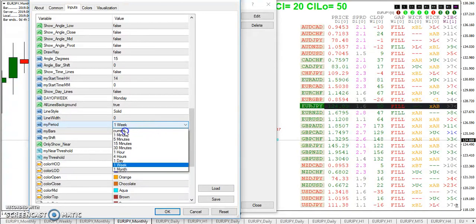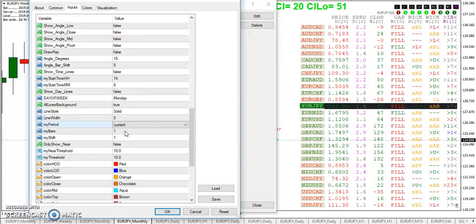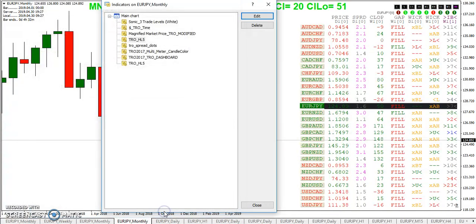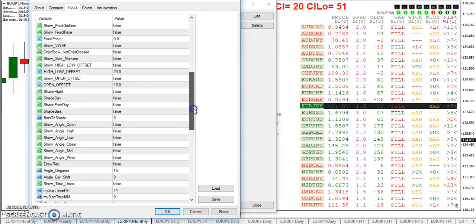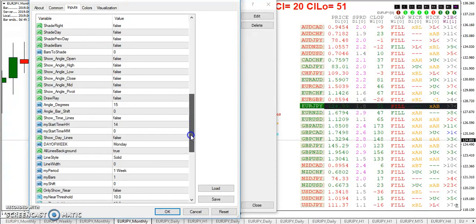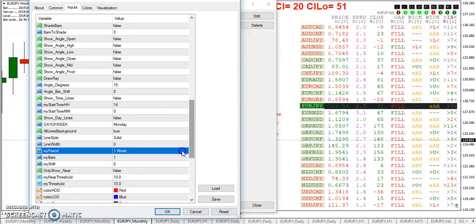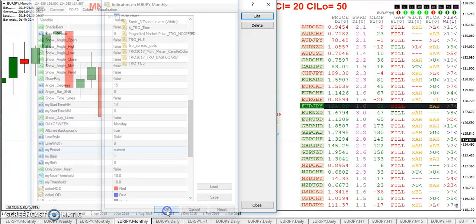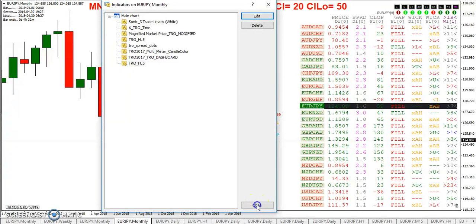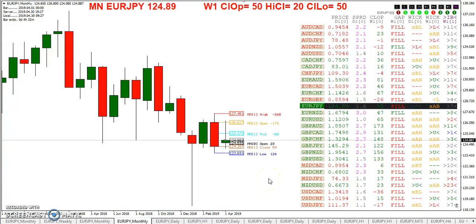Let's make this current, and let's make this current. So let's look at the month and see what happened here.